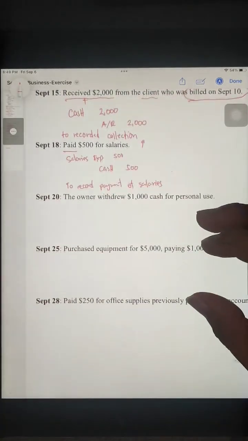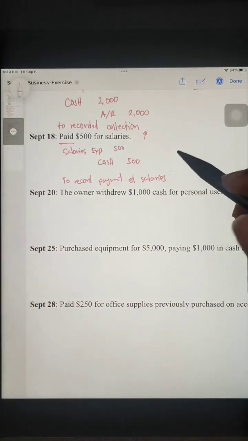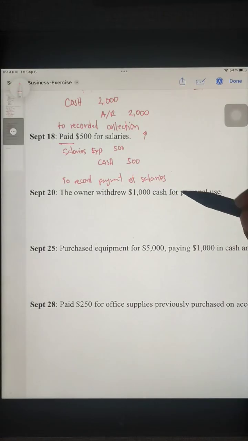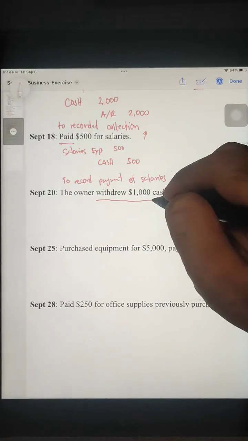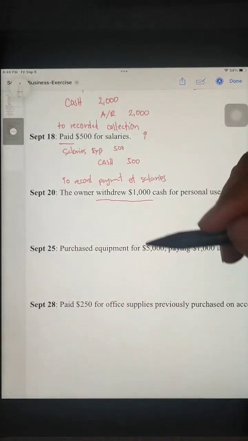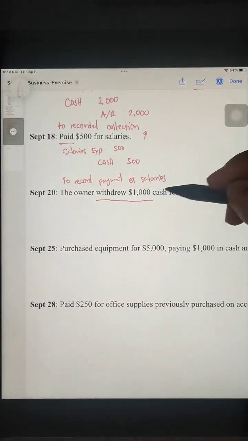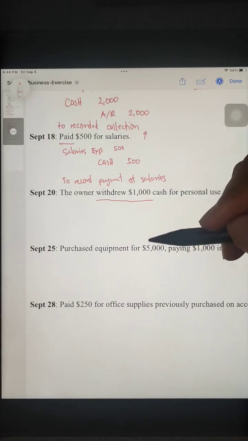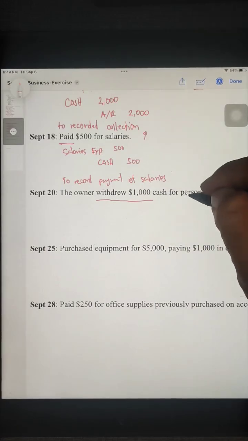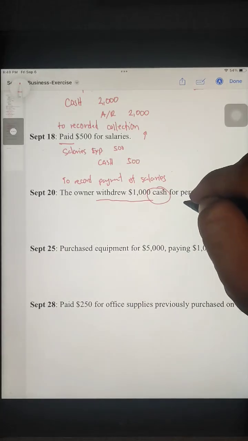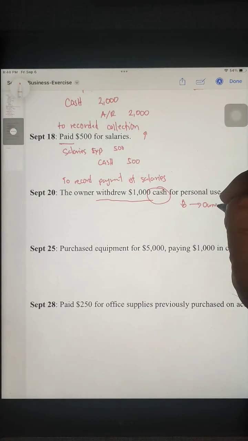Next one, September 20. The owner withdrew 1,000 cash for personal use. So, pag meron tayong nabasa na nag-withdraw or withdrew yung owner from the business, again from the business, there was a transfer of cash from the business to the owner.